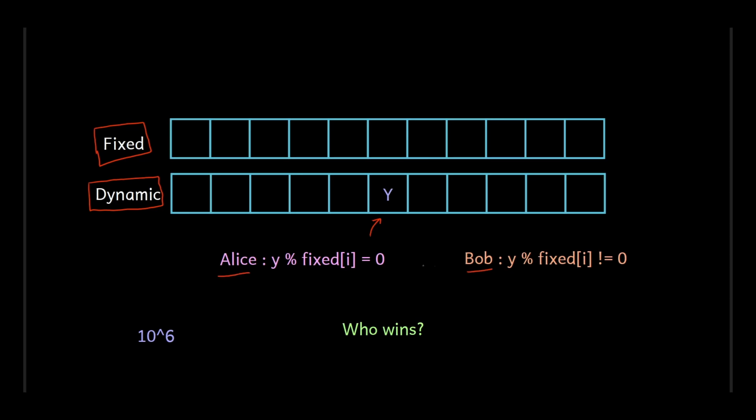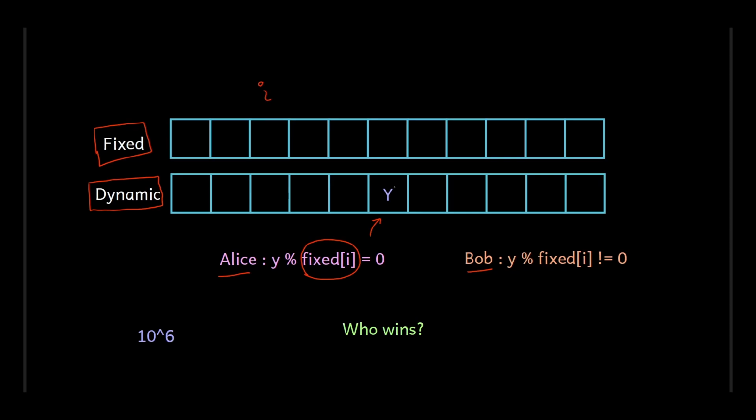In one round, Alice can pick any index I from the fixed array. That is the first step. Suppose she picks index I and the value at this index is fixed of I. Then the next step is that she can pick another element y from the dynamic array.